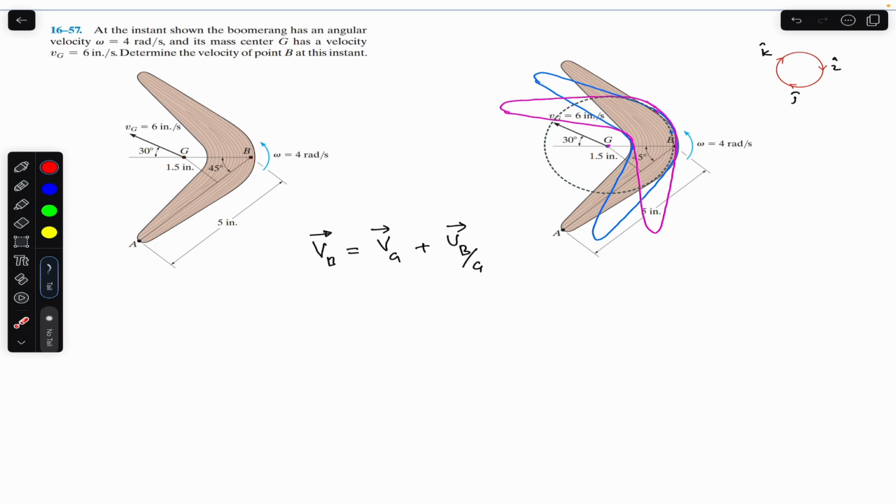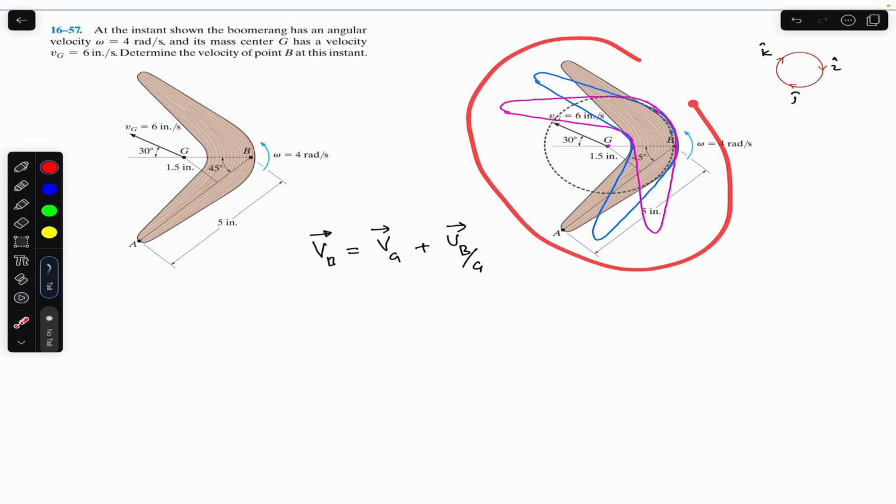The relative velocity is always due to the circular motion of this point B about this point G. So we can always think of this relative velocity as if this boomerang is only rotating about this point G in a circular path.